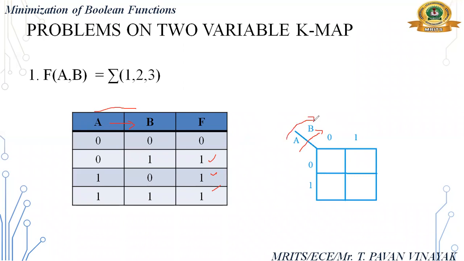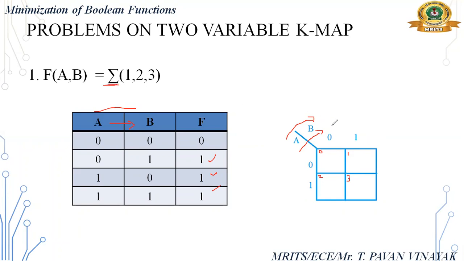Okay. Next, place ones. And before that, if you are drawing K map, let us indicate the indexes. This is 0th index, first index, second index, third index. Also, I am using sigma here.